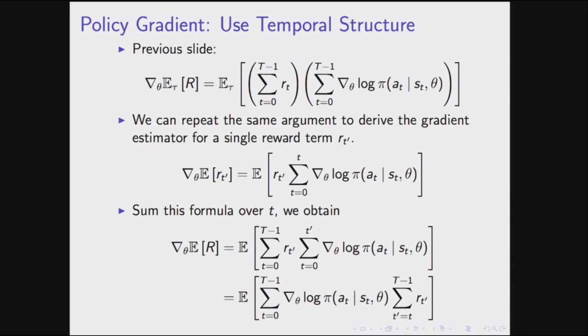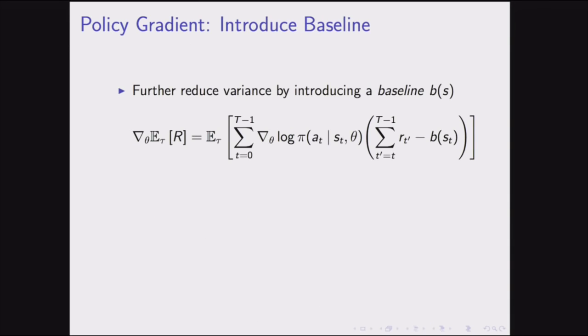This is a slightly better formula than the one on the previous slide, meaning it has the exact same mean, but the expression inside the expectation has lower variance. We can further reduce the variance by introducing a baseline.